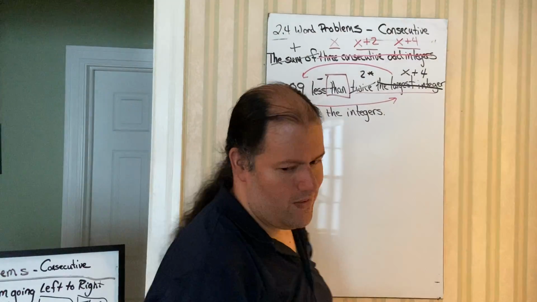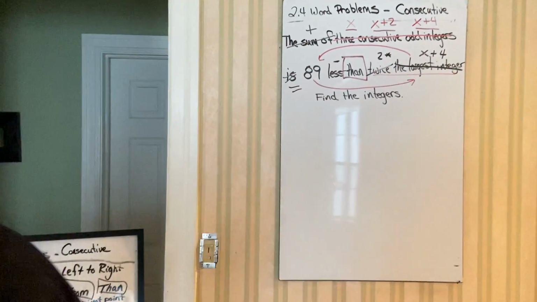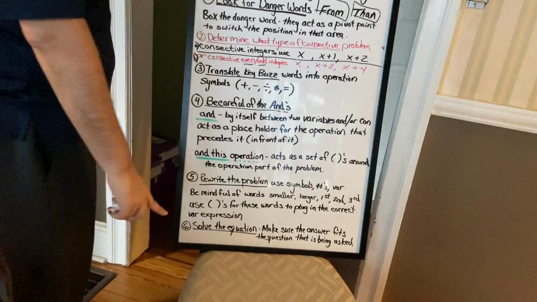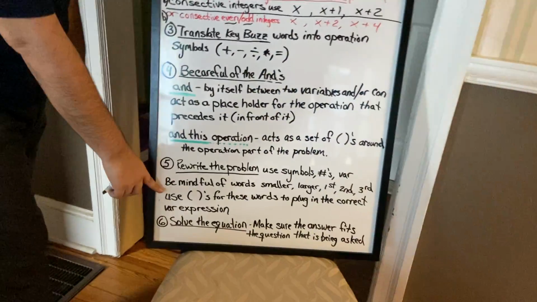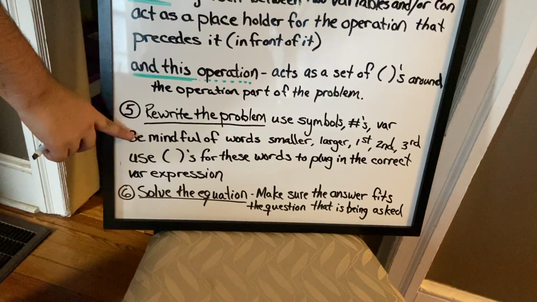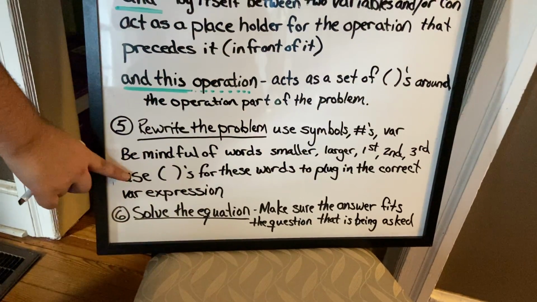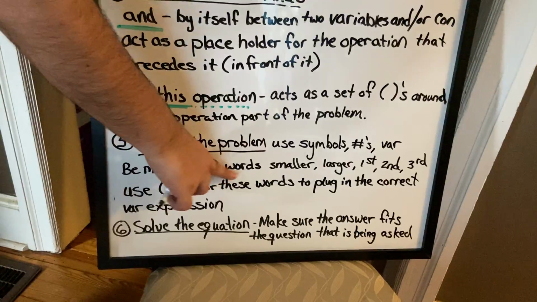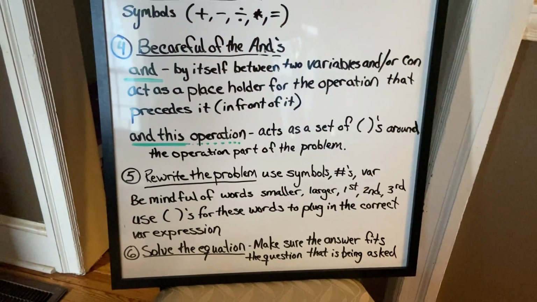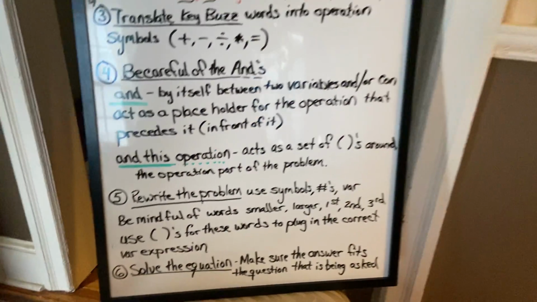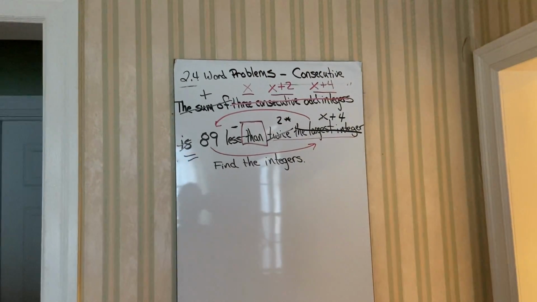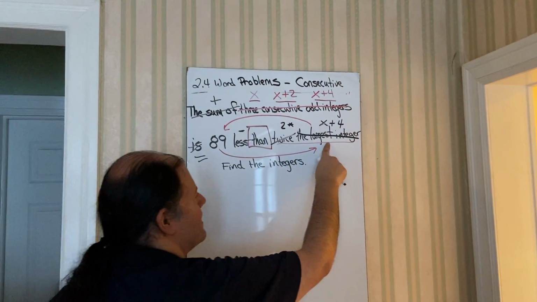But be careful. When we get to step 5, when I rewrite things, notice that anytime I have the word smaller, larger, first, second, or third, I'm going to use parentheses for these words. So when I plug in that x plus 4, it goes in a set of parentheses. So see how I have the word largest?